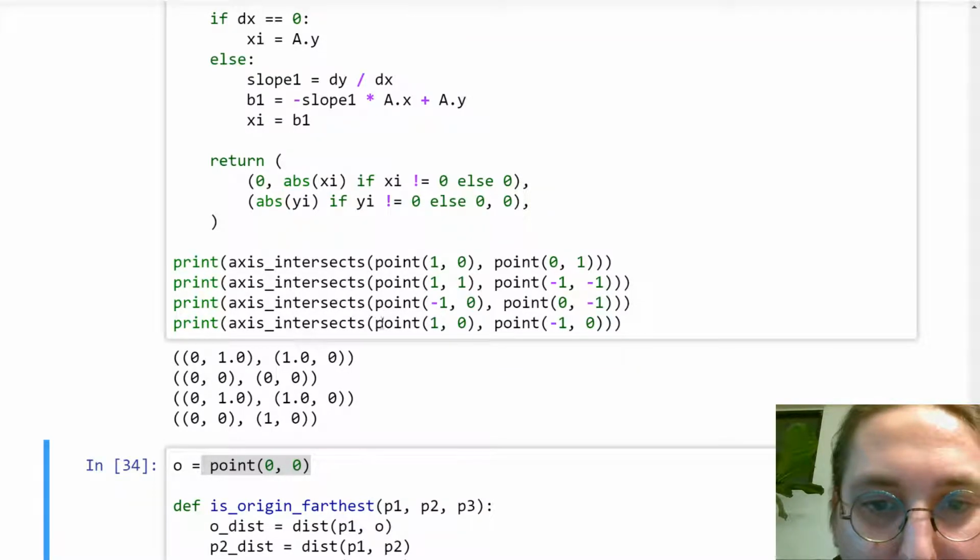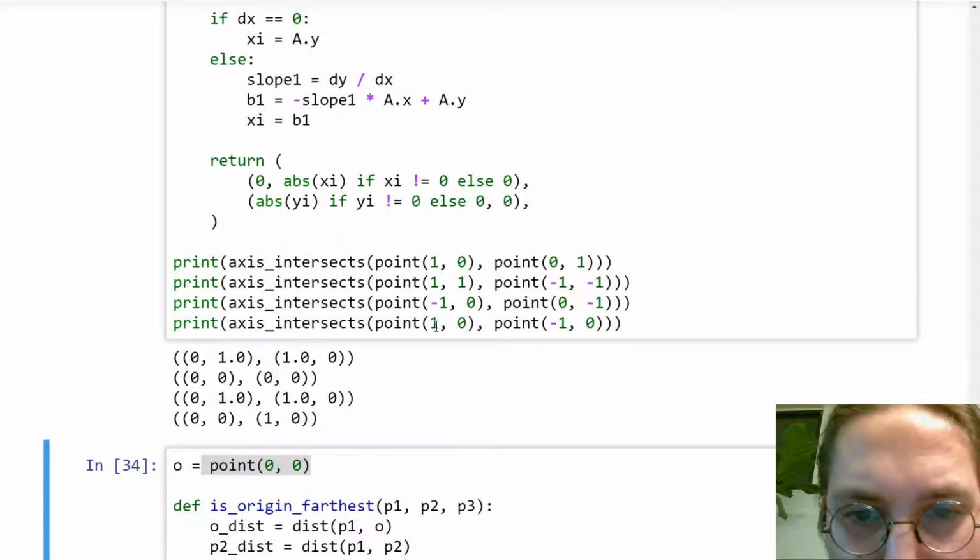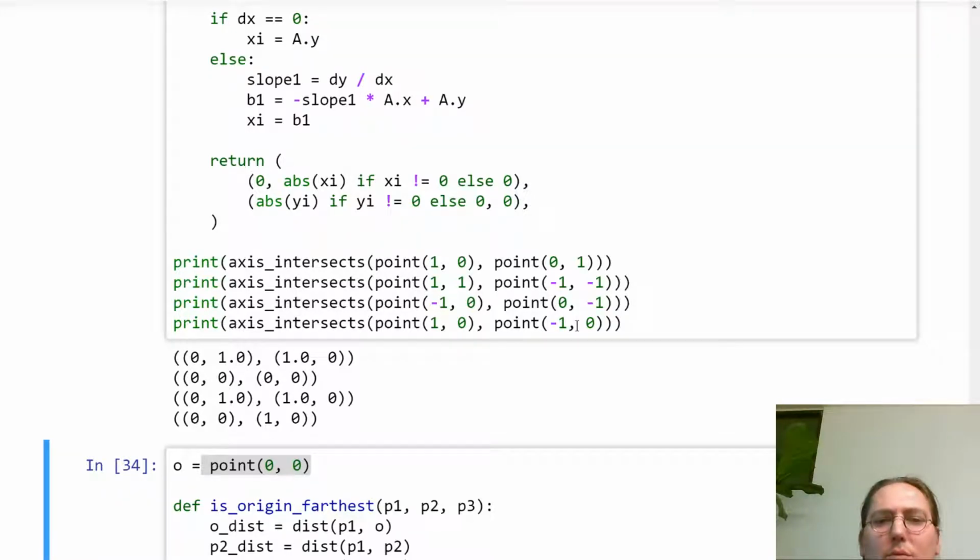So if we cross the x-axis... Wait a minute. Right, so here we're crossing the y-axis. We're at 0, right?